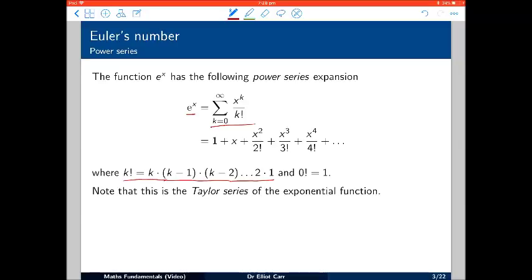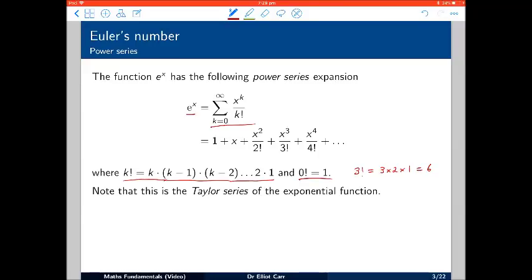So k factorial is k multiplied by k minus 1 multiplied by k minus 2, and continue to do that until I get to 1. For example, 3 factorial is 3 multiplied by 2 multiplied by 1, which is 6. And by definition, 0 factorial is equal to 1.